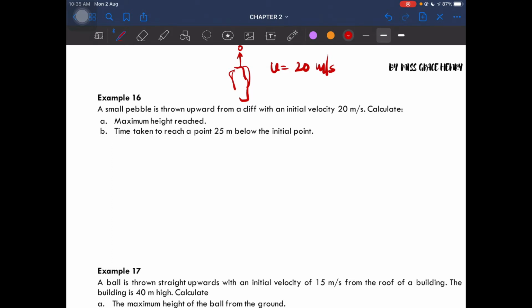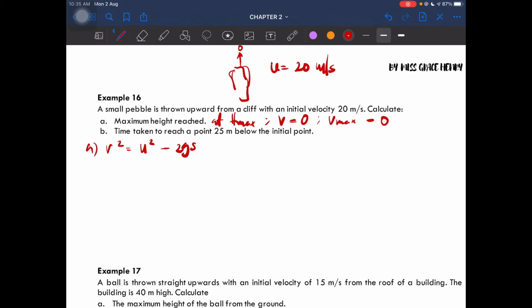Calculate maximum height reached. At maximum height, we know that the final velocity would equal 0. So we are looking to find the maximum height, so we can use v squared equals u squared minus 2gs.